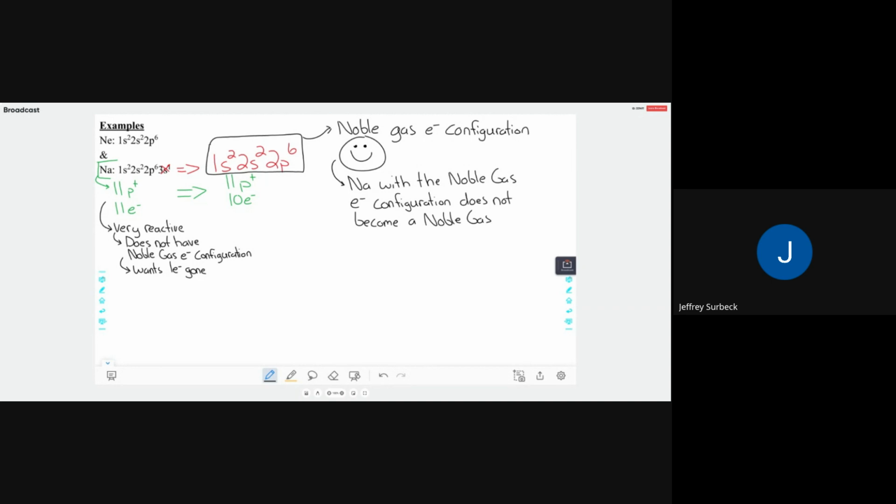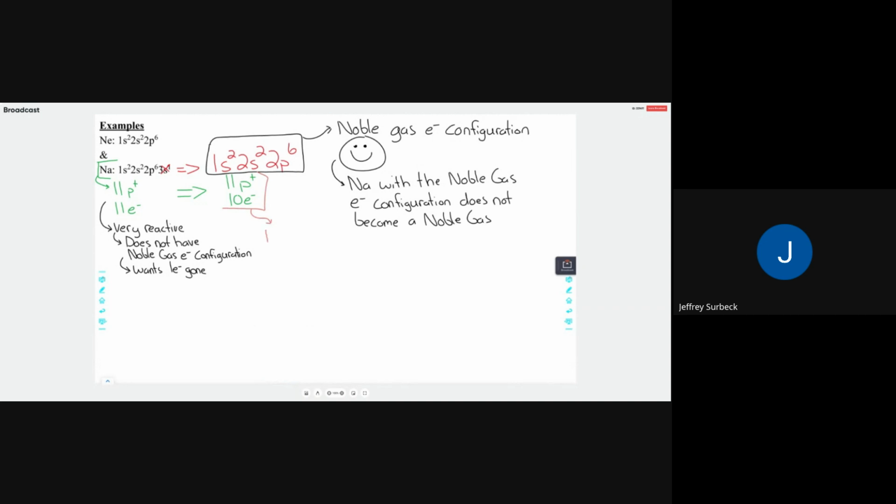Okay? And so I want to take a moment here and talk about the difference in the number of protons versus the number of electrons. I want to highlight this info right here. Number one, it now has more protons, more positive things, than electrons.